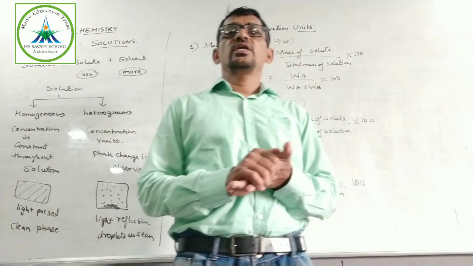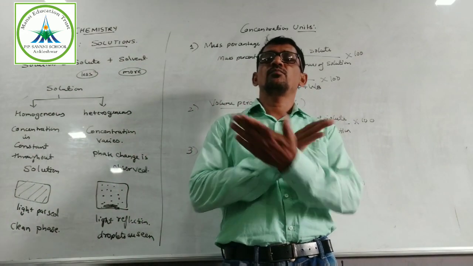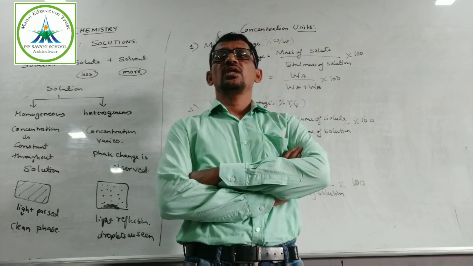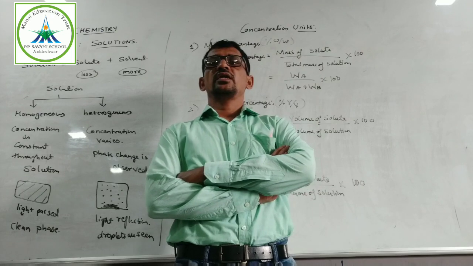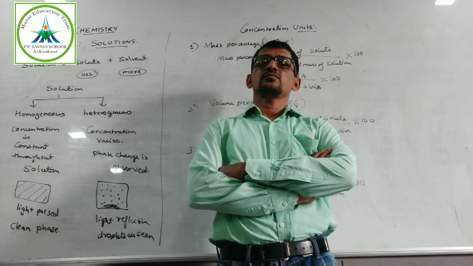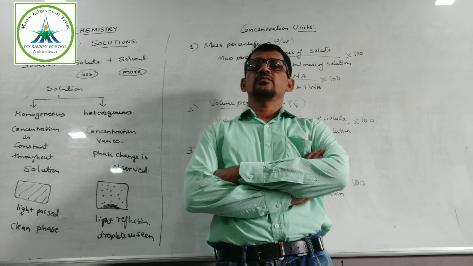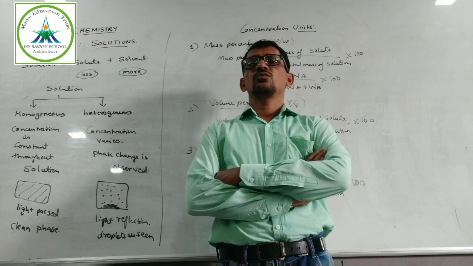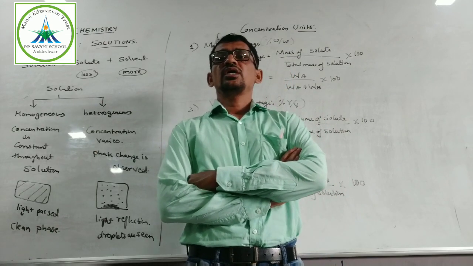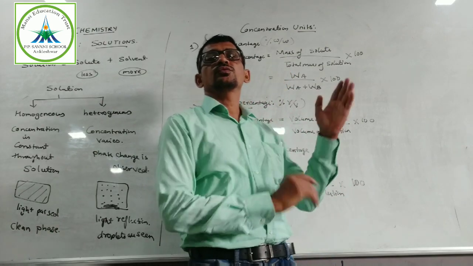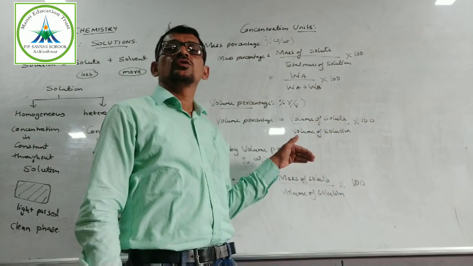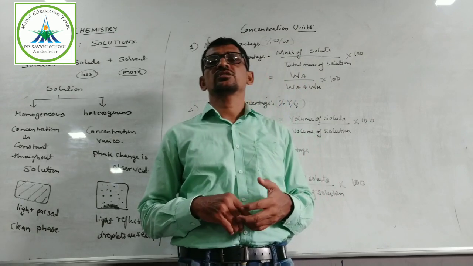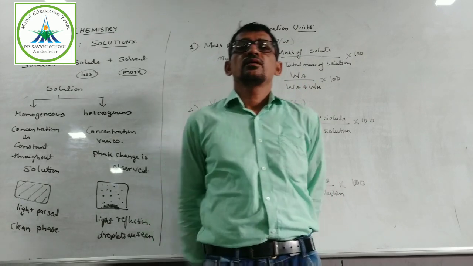Another unit is ppm, part per million. Part per million means ppm: milligram of solute in 10⁶ times solution. So if the amount is very less, then we have to use the ppm unit, part per million: weight of solute upon weight of solution multiplied by 10⁶, then it is ppm.